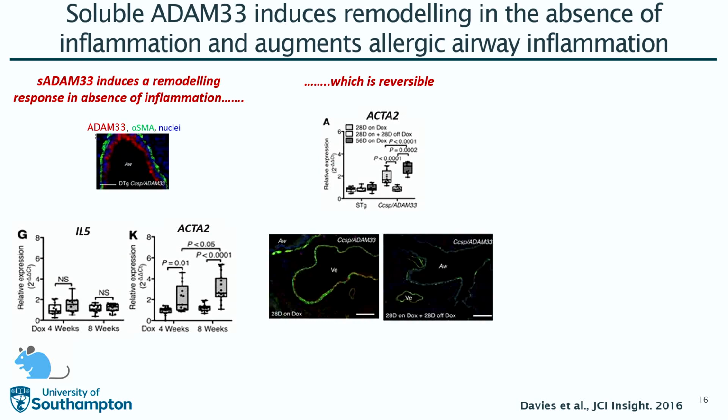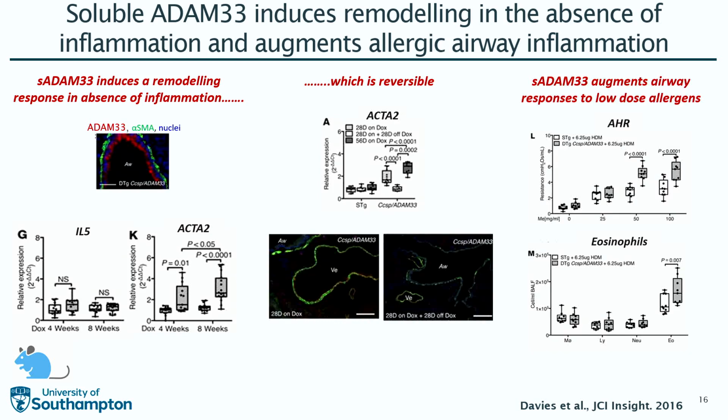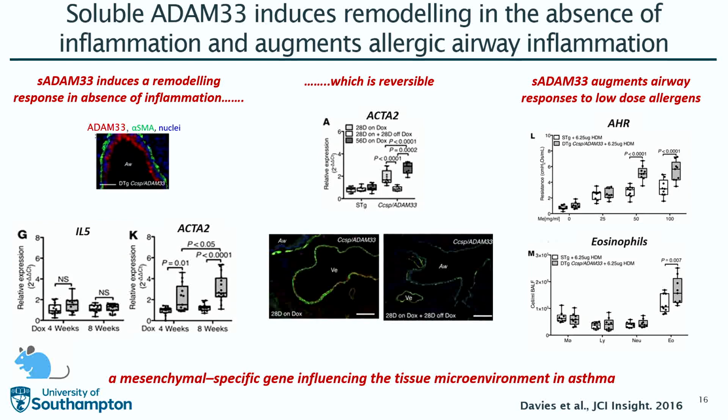So targeting soluble ADAM33 as a therapy may be beneficial. The other thing that they demonstrated was that soluble ADAM33 augments airway inflammation, but it required lower doses of allergen, so lowering the threshold for sensitization. So this is an example of, obviously, a mesenchymal-specific gene influencing the tissue microenvironment.